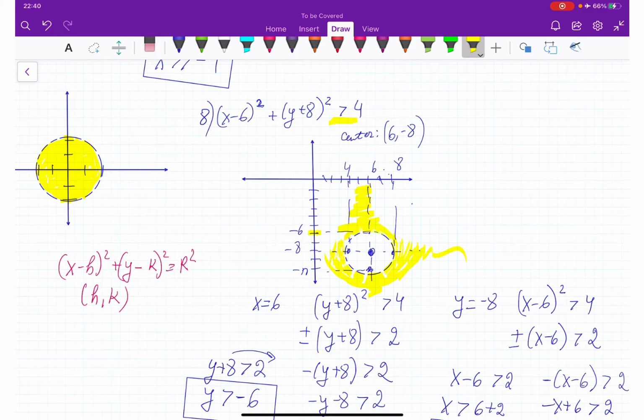We have it. And it's going to be the entire area, everything but inside. Okay? And that's going to be your shaded area.